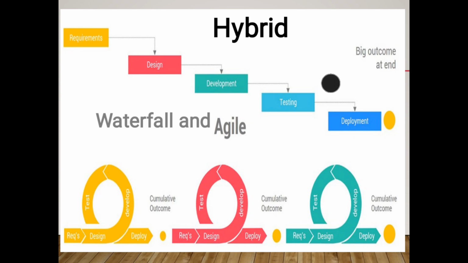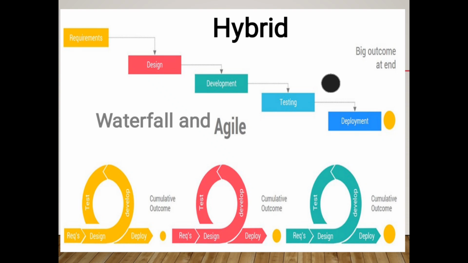So the advantage of using hybrid methodology is that it can be used for complex projects which need diverse methods of managing the project. So it can be very good for such kinds of projects. At the same time, it is good for big projects like corporate projects and government projects.